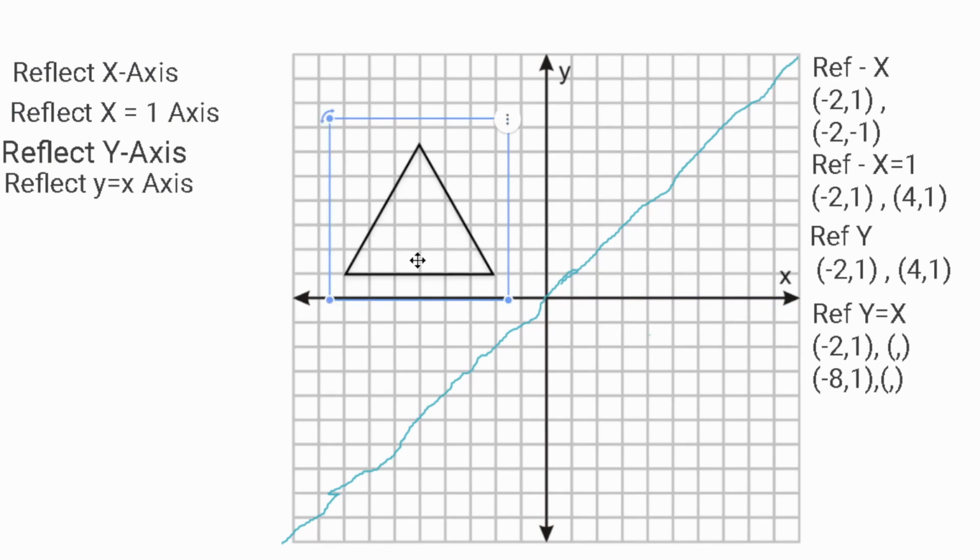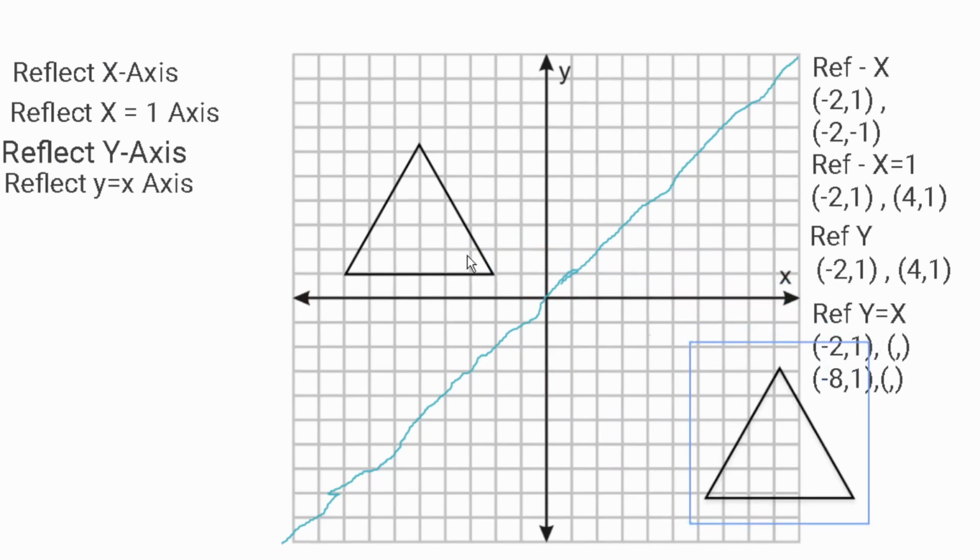Alright, so if we reflected over this axis, this -2, 1 would become 1, -2.